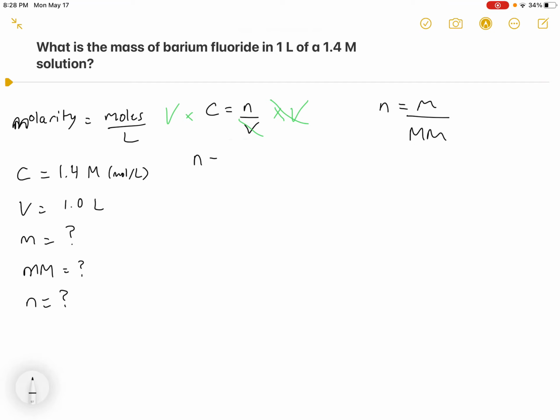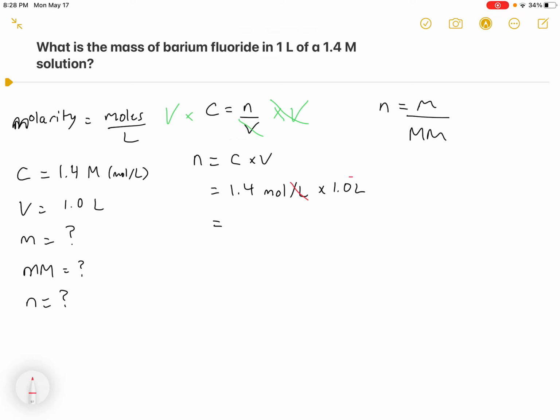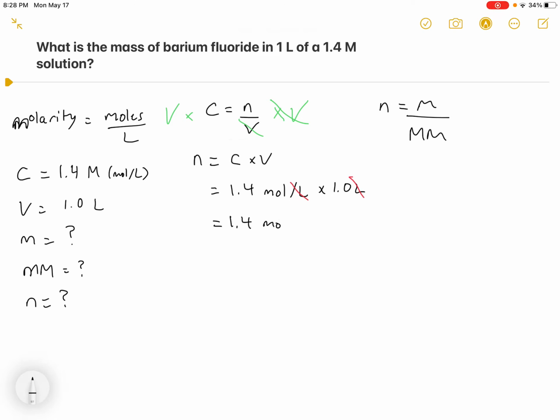And then we're left with the equation n equals C times V. And then we are just plugging in the data from our data list off to the left. If the concentration or the molarity is 1.4 moles per liter and we have 1 liter of the solution, then that makes the math nice and simple for us. We are just going to have 1.4 moles.